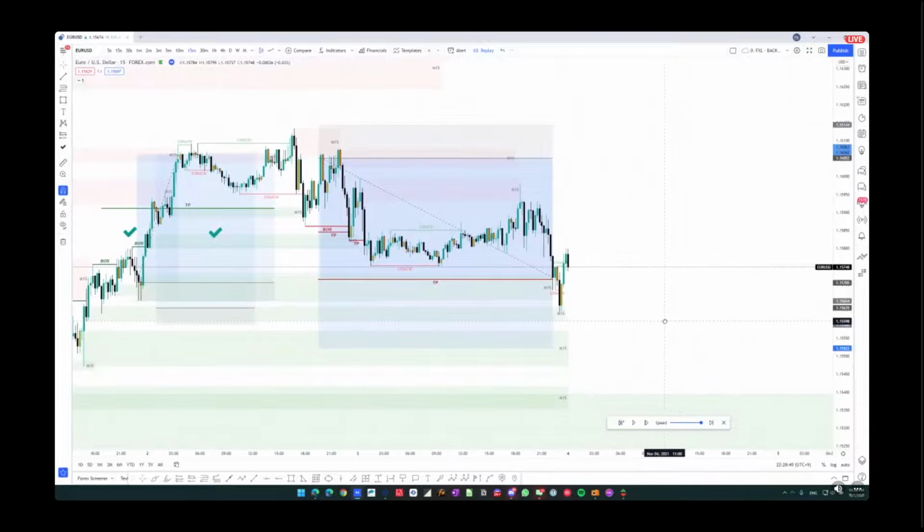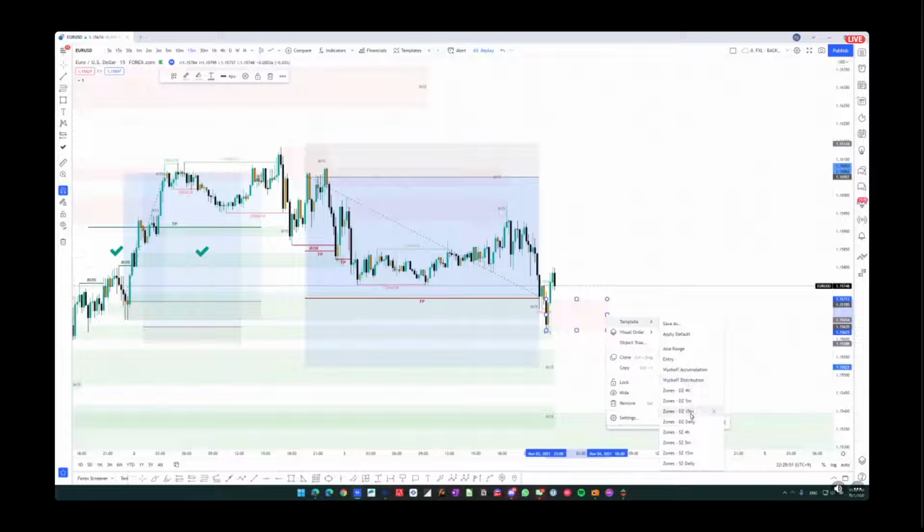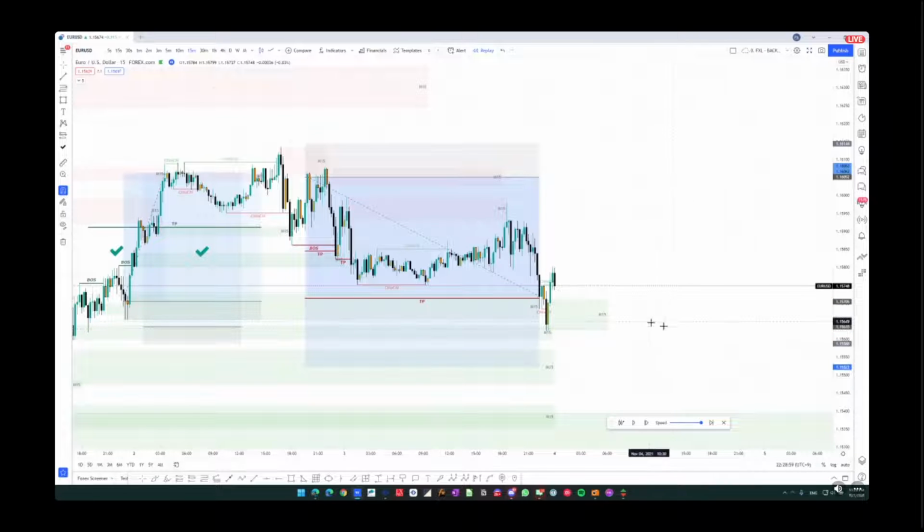Technically, this is good for a long because we tapped the supply zone and we have a 15-minute chop. That's a nice demand zone.